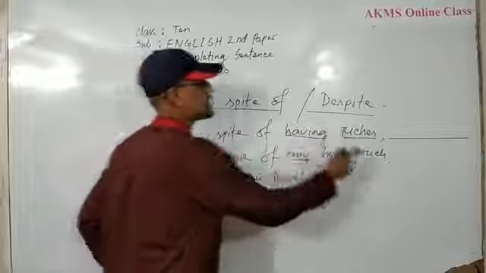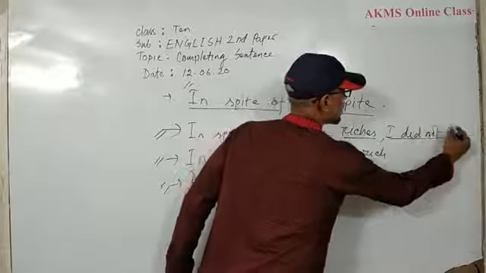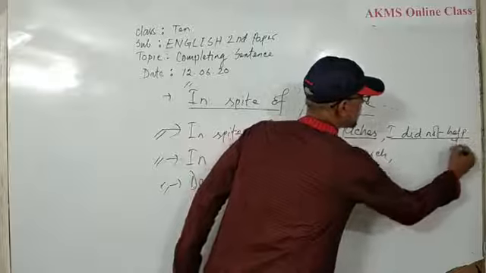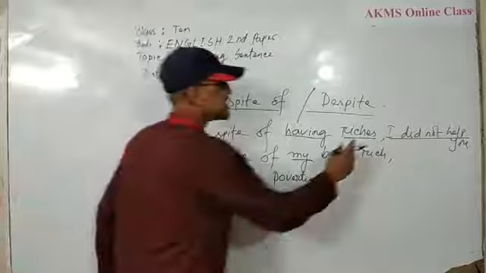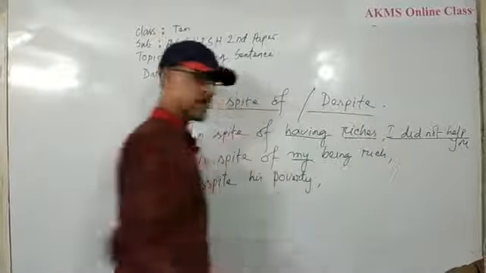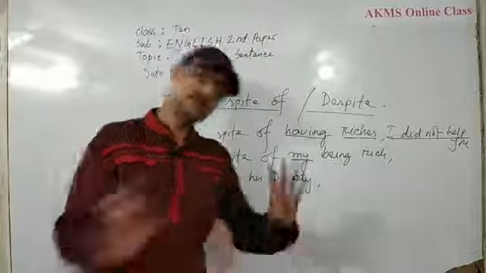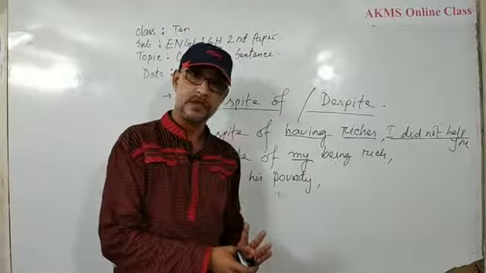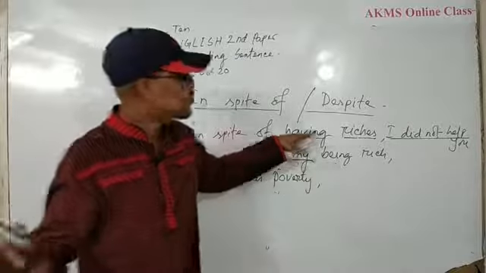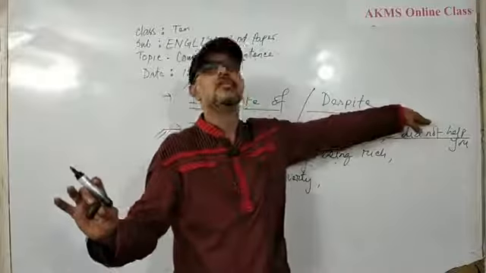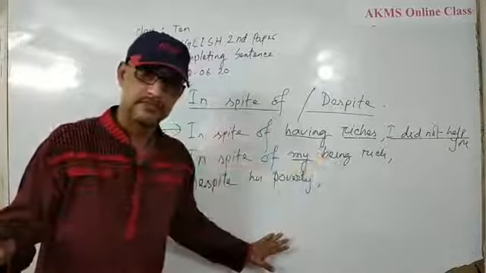In spite of having riches, I did not help you. You may write, in spite of having riches, I do not help you. In spite of having riches, I will not help you. You can write any tense, because I have not given you any information about which tense you will use in the next clause. Because there is no tense.